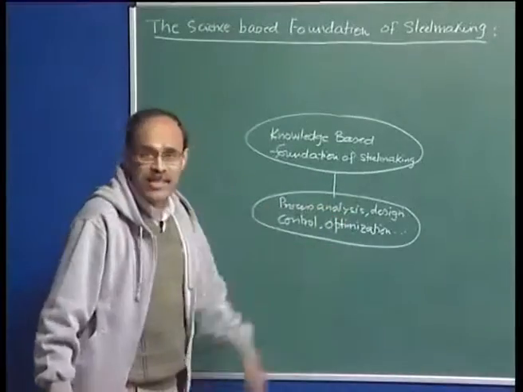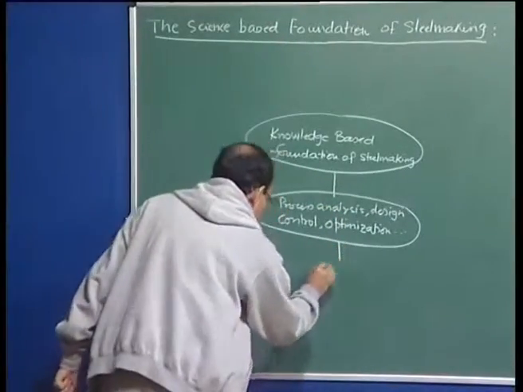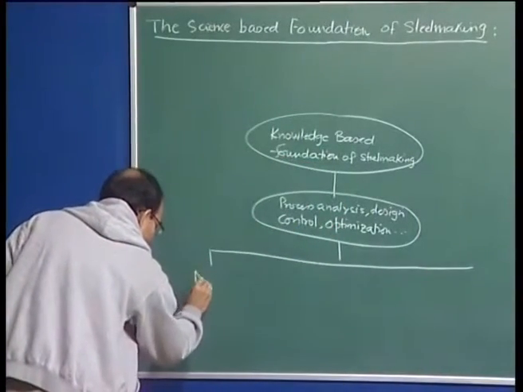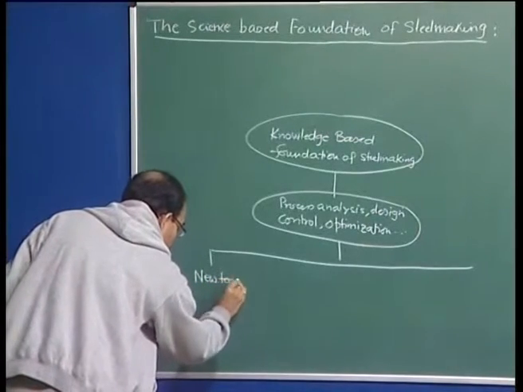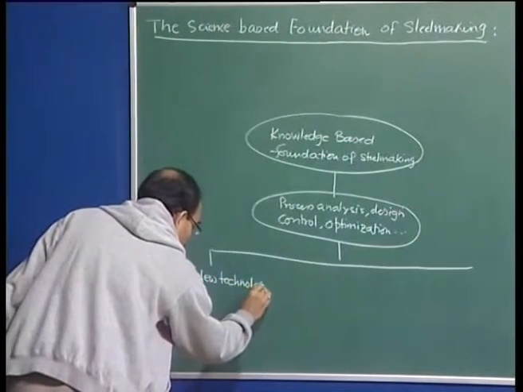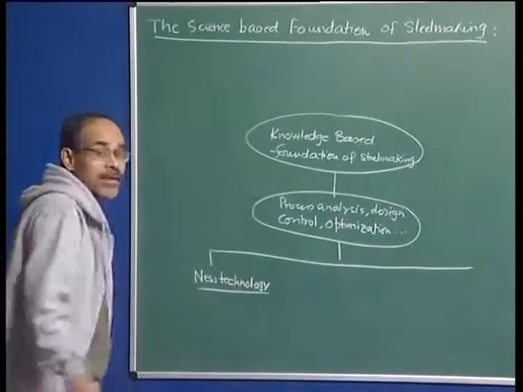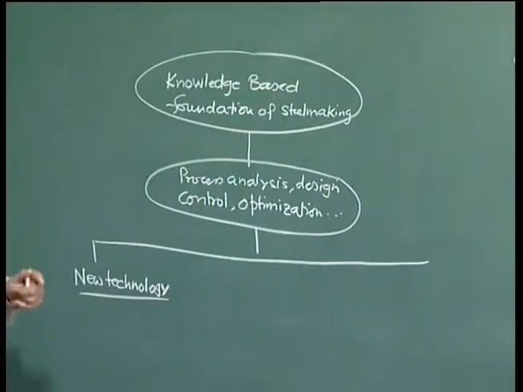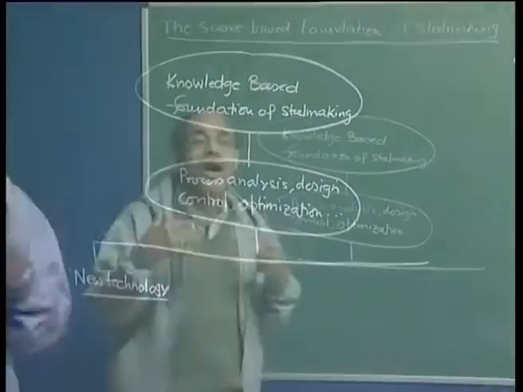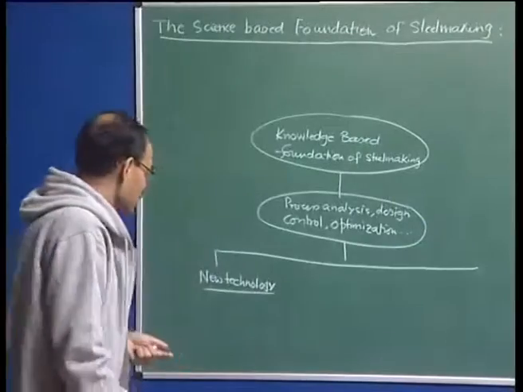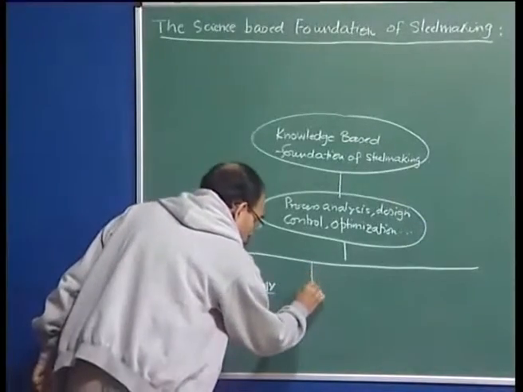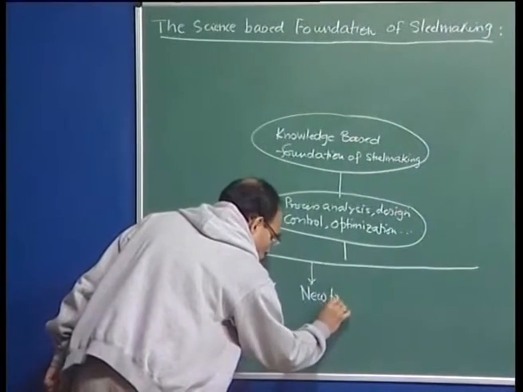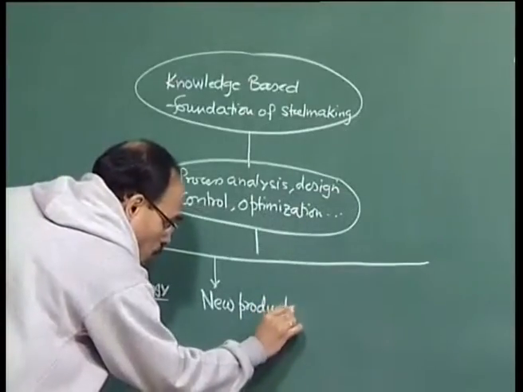And if you can do all these things, then what is the net result? The net result is enormous. You can develop new technology. People are looking for direct steel making technology, technology where they do not have to use coke to produce iron. You can have new products every day.